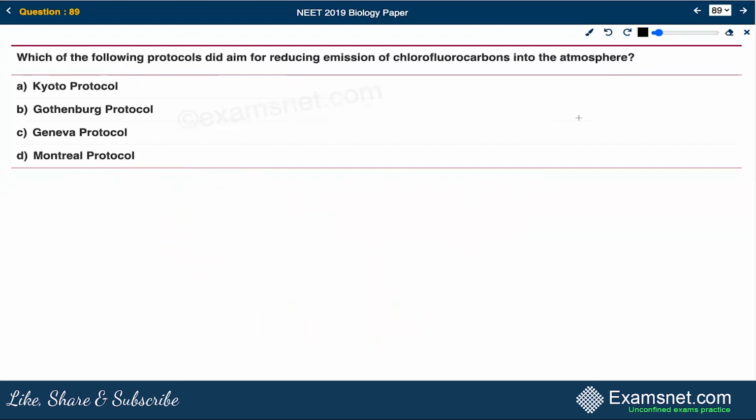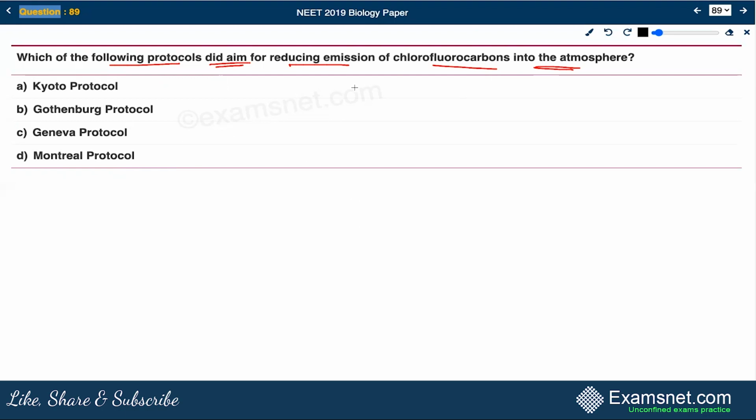Now, question number 89 says that which of the following protocols did aim for reducing the emission of the chlorofluorocarbons into the atmosphere? All right. That means which of the following protocols is actually responsible for controlling the emission of CFCs? Now, for control of emissions, different kinds of protocols have been proposed.